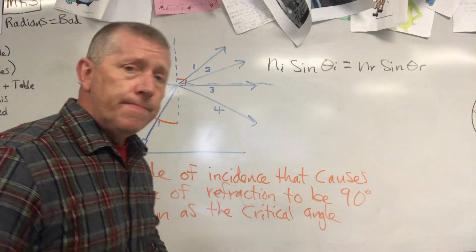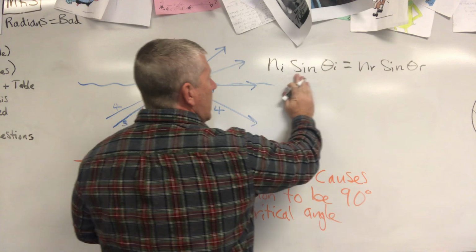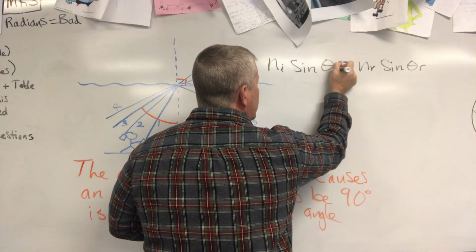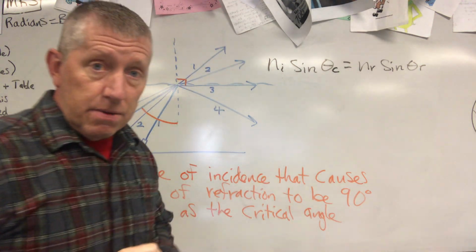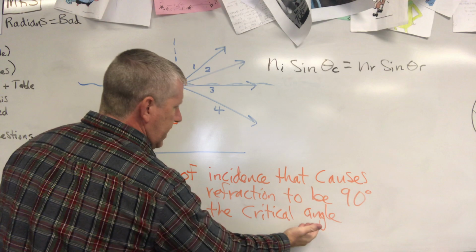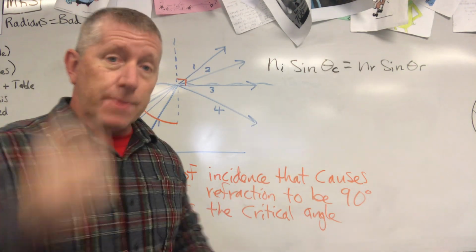So what I'm going to do is, that's my index of refraction. I was pointing to the wrong one, the sine here. The sine of the angle of incidence, if it's critical, we change the I to a C. So the angle of incidence is called the critical angle under these circumstances. I took the I out and put a C in there.